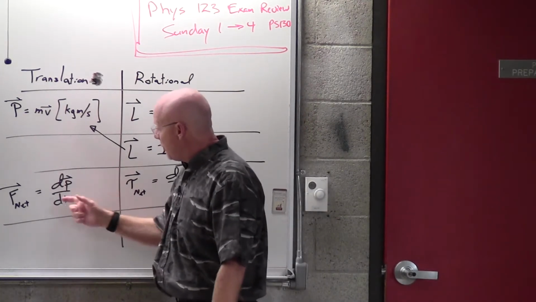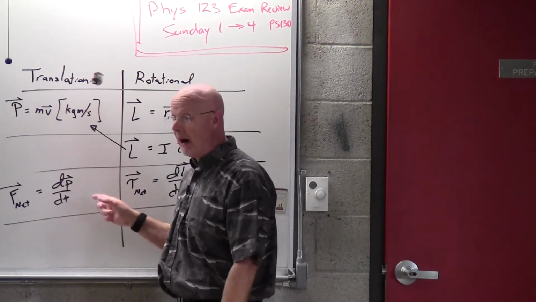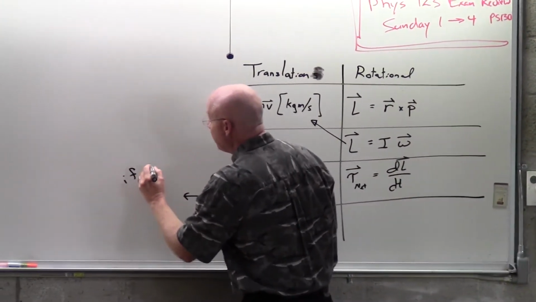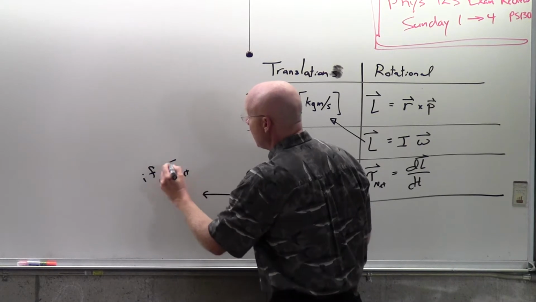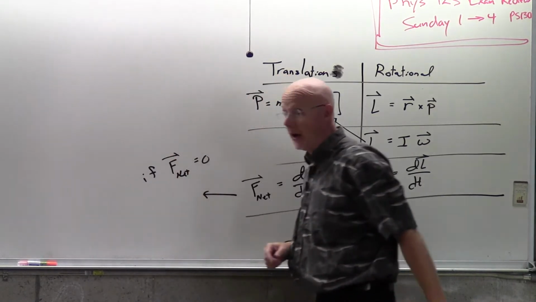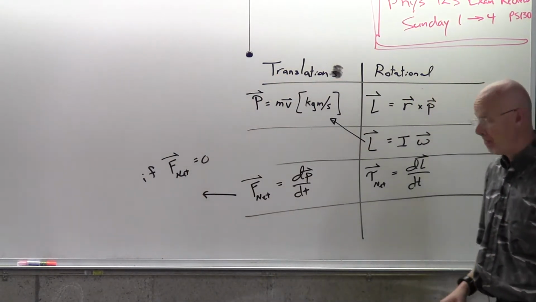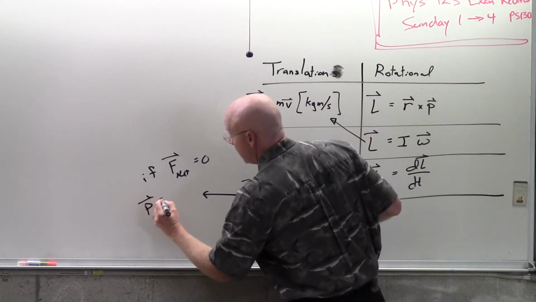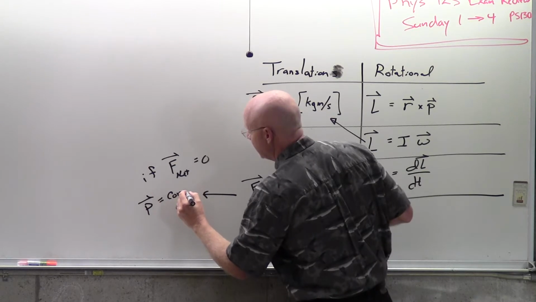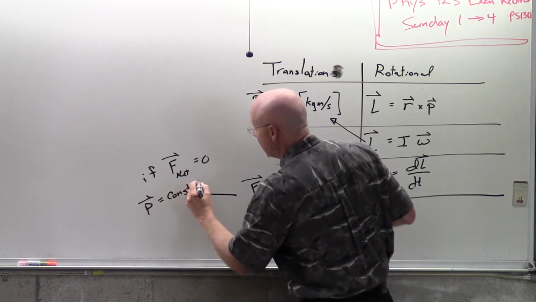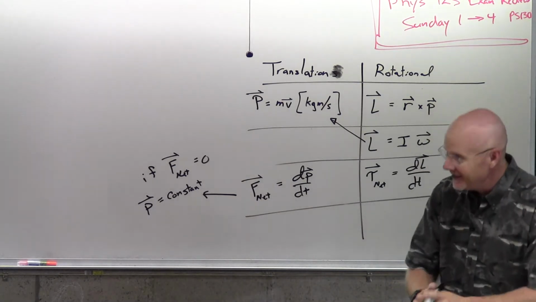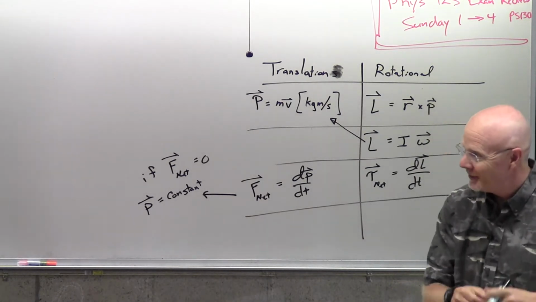And so this we used very powerfully, because we said if the net force is equal to 0, then the linear momentum is equal to a constant. We called this conservation of linear momentum.